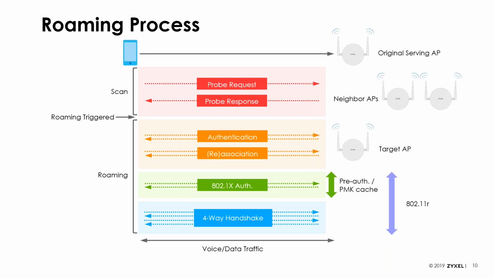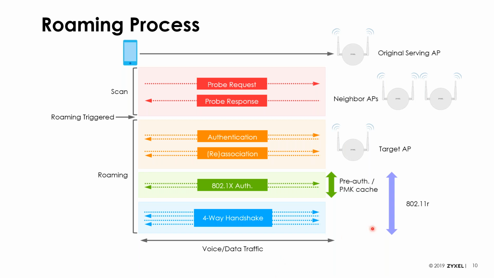So in roaming process, it's basically split into scanning phase and then to the actual roaming phase. So first of all, we need to investigate which APs can we connect to, and then we are able to make the decision according to that.